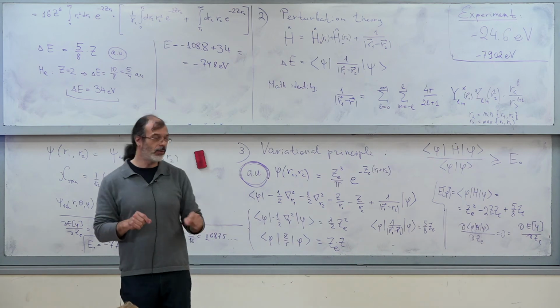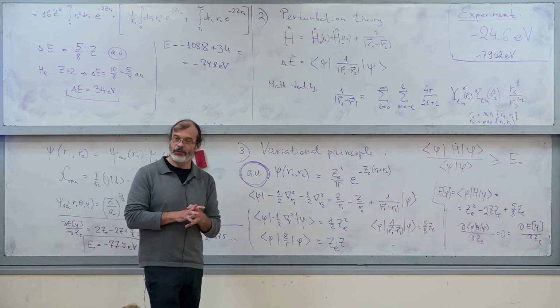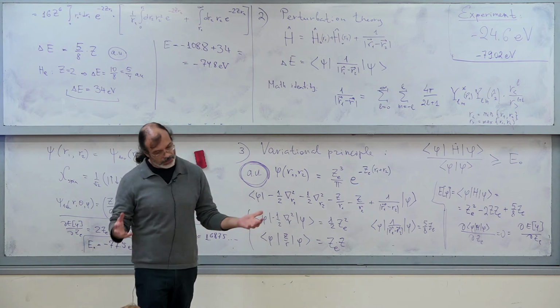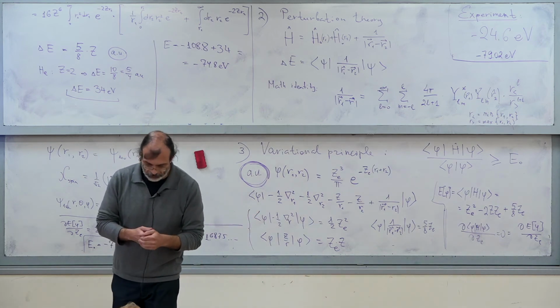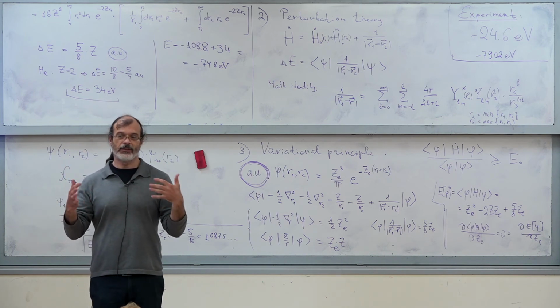Right up to now, we only concentrated on the ground state of the helium atom, okay? The ground state of the helium atom is fine. But we know that there are other excited states of the system.